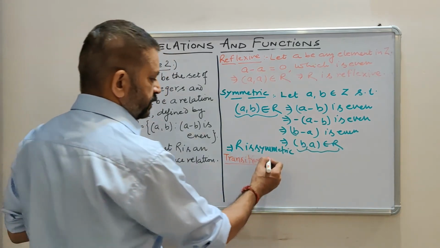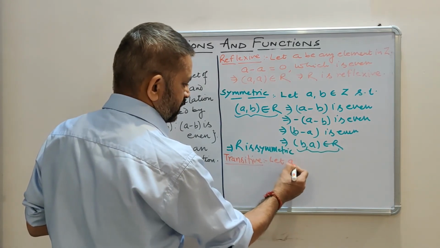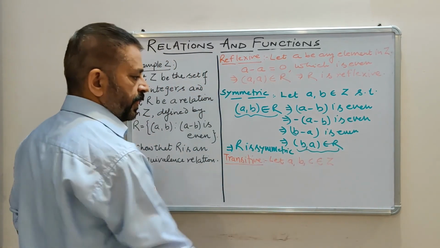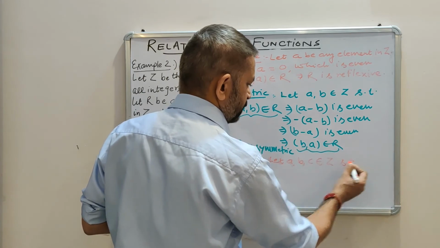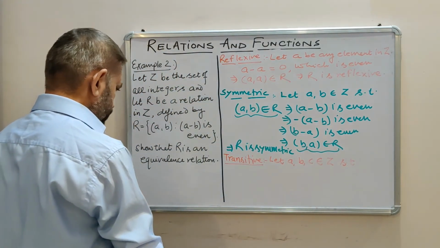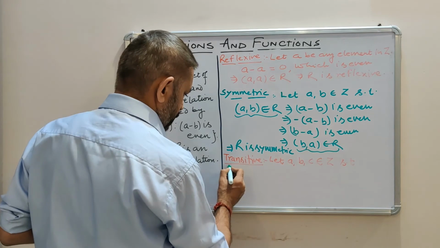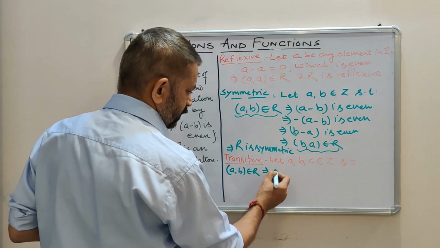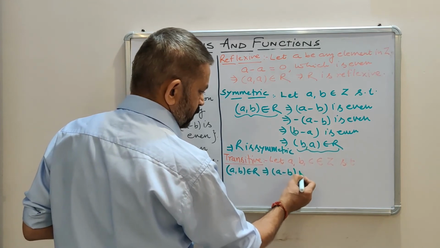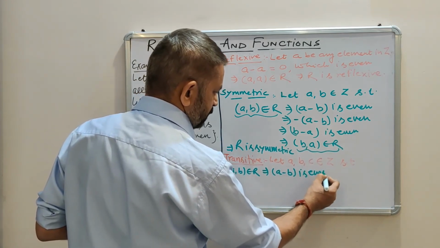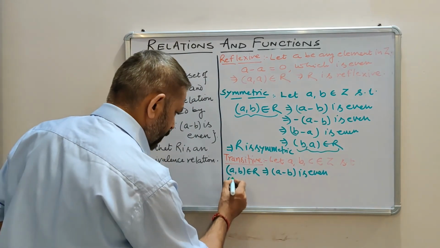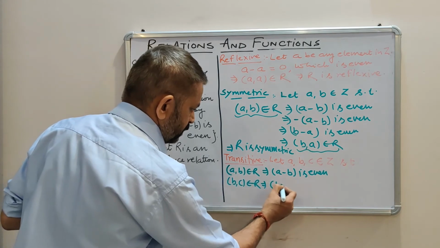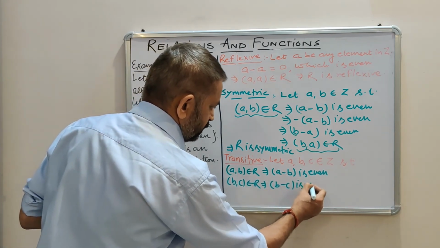For that, let a, b and c are in Z such that (a, b) belongs to R. It means a minus b is even, and (b, c) belongs to R. It means b minus c is even.